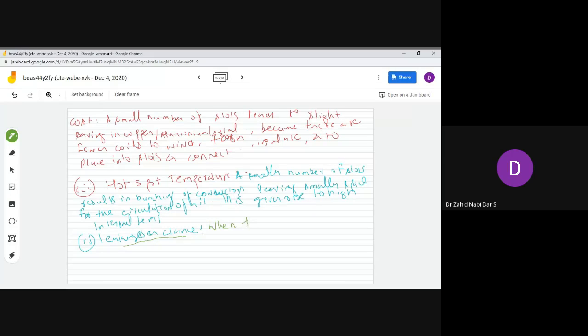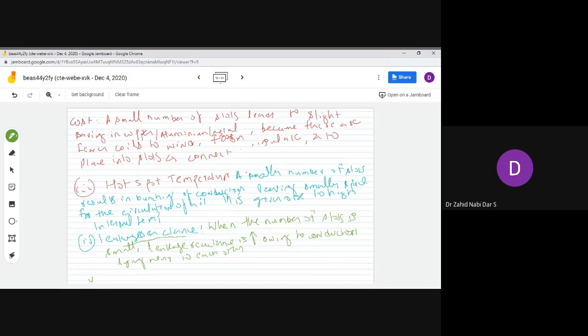When the number of slots is small, leakage reactance is increased owing to conductors lying near to each other. And this was the fourth point.